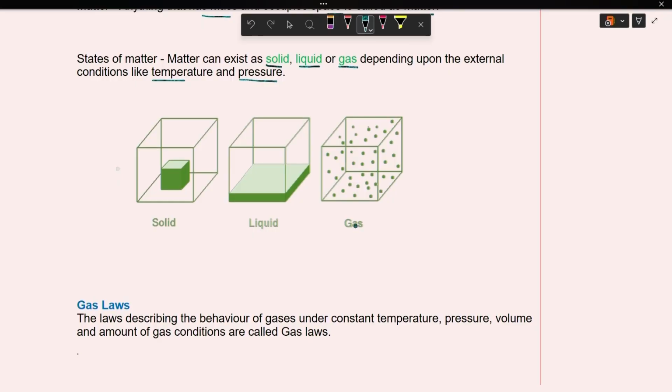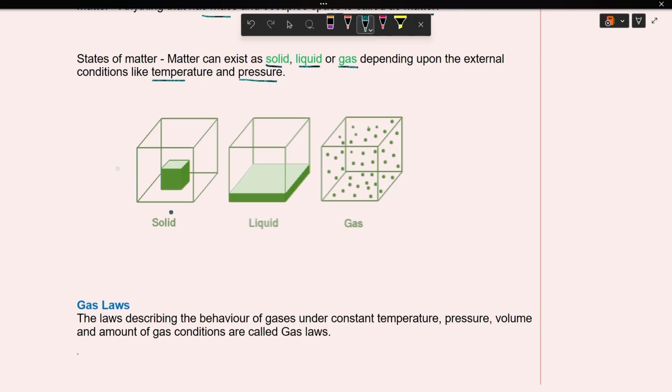Now, when we come to gas, the case is different. If you keep this in a small cube, the gas will be compressed to a small volume. Since all three cubes are of the same size, you can see the gas molecules occupying the whole cube. That is because it does not have a definite bounding surface. So, there is a difference between gas, liquid and solid.